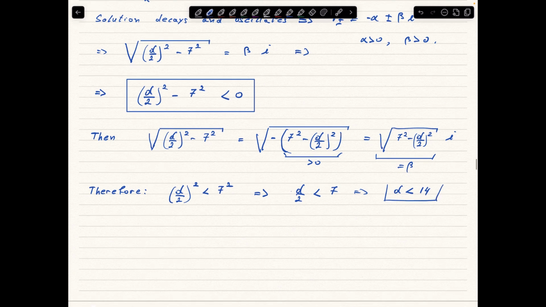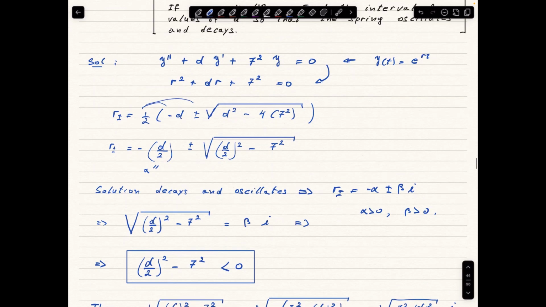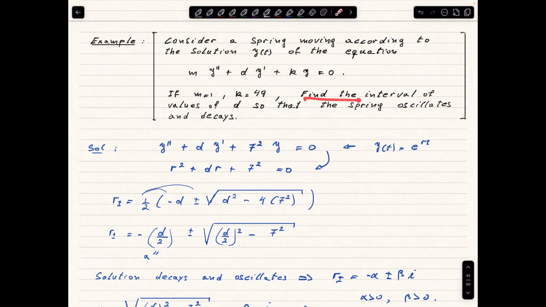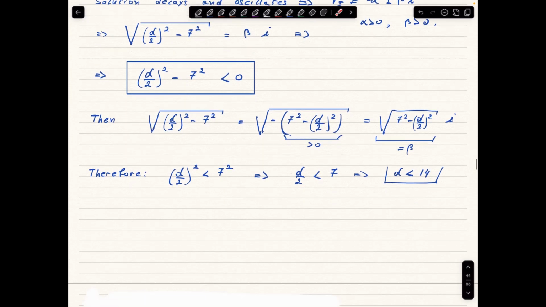So the problem is to find the interval of values of d so that the solution oscillates and decays. The interval of d is: d has to be positive because the solution has to decay, but the solution has to oscillate, so it has to be smaller than 14.